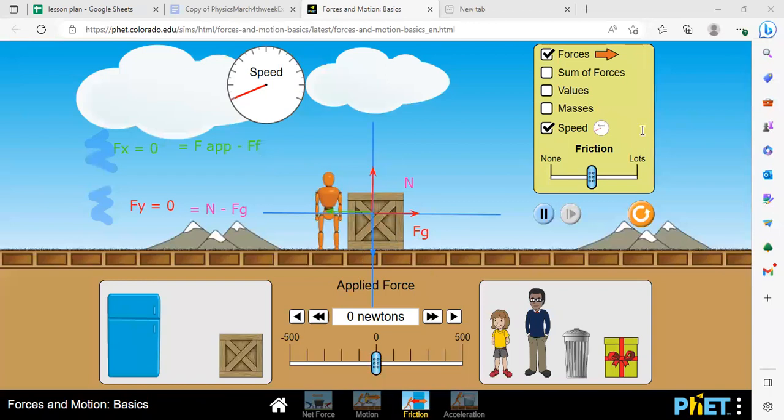Okay? So, again, application ito ng third law of motion. For every action, there's an equal opposite reaction. So, yung applied force mo, kina-counteract ng frictional force.